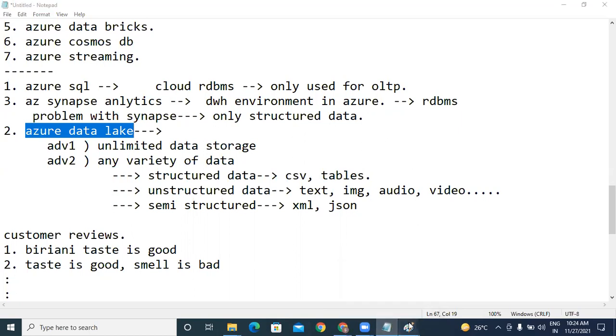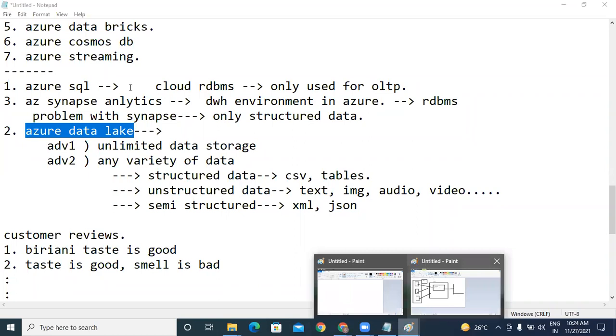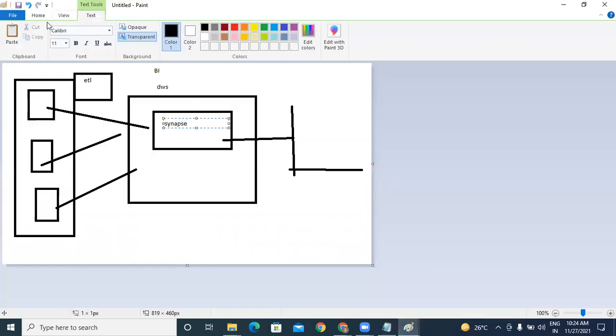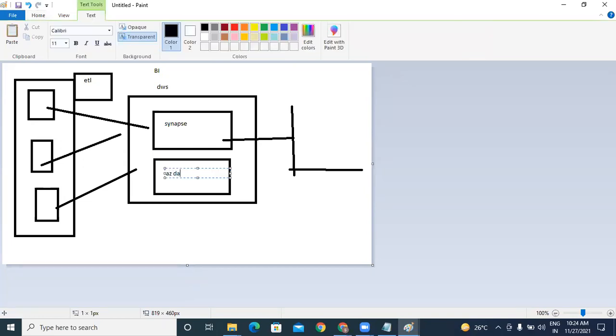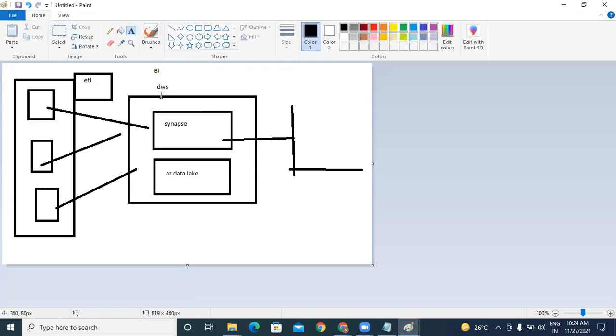Now please come back to our picture, where you can keep your data lake. I'm labeling it as Azure Data Lake. Now I have two weapons for my warehouse.